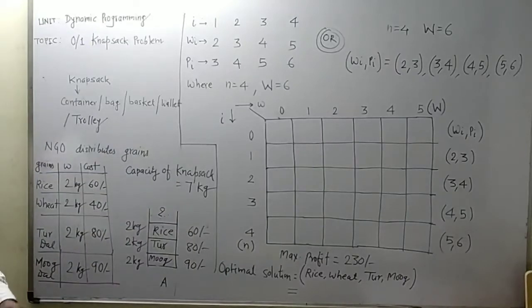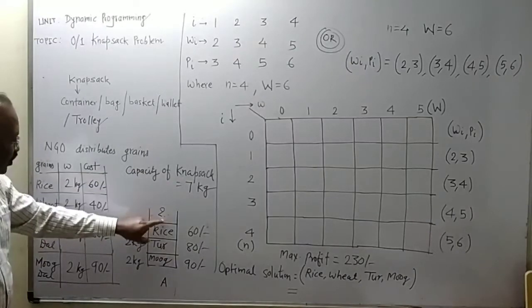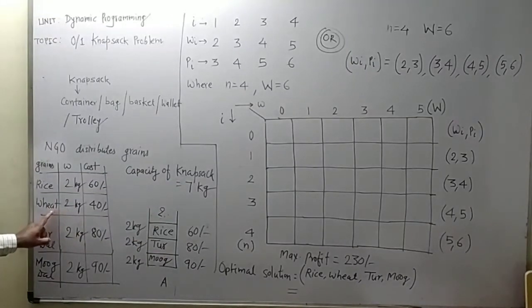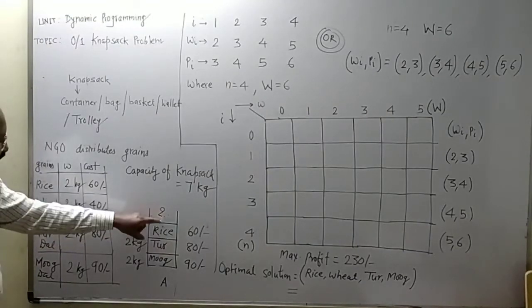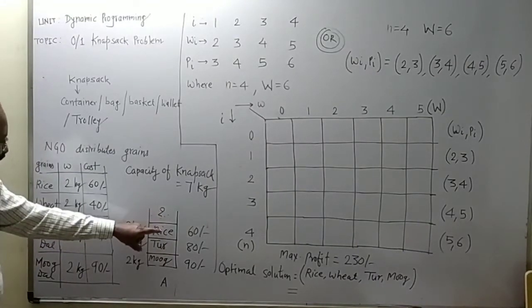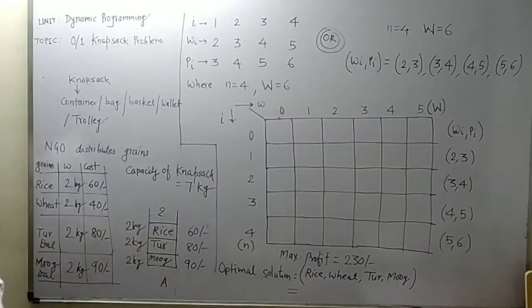So directly 2 kg cannot be kept inside the knapsack. If 2 kg of wheat is inserted into the knapsack, then the knapsack will overflow.